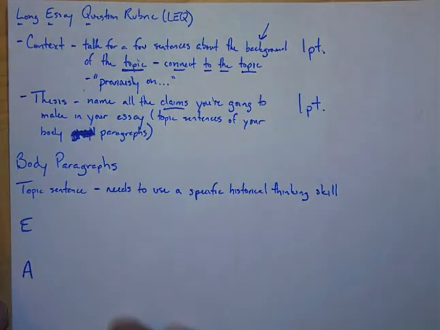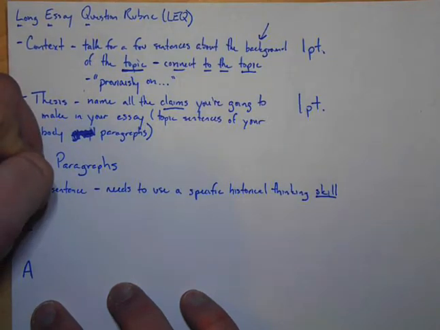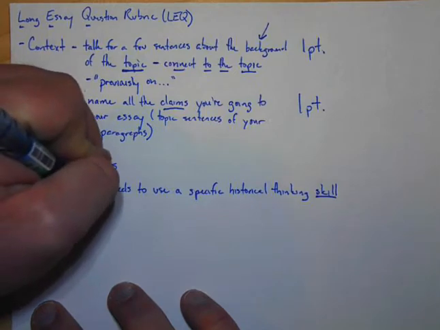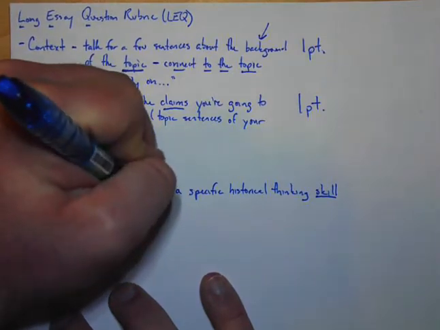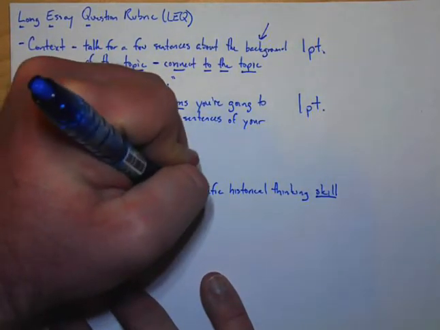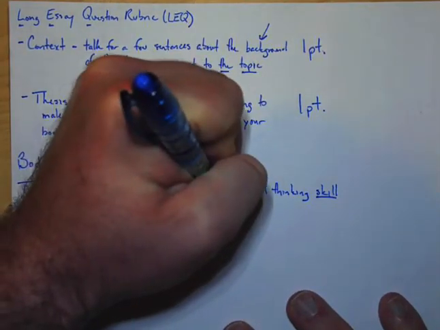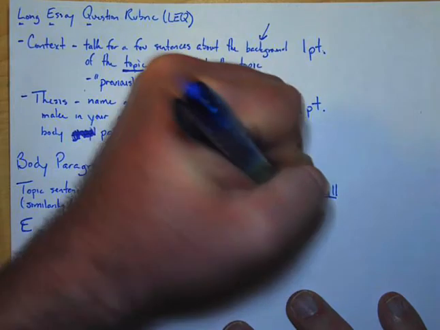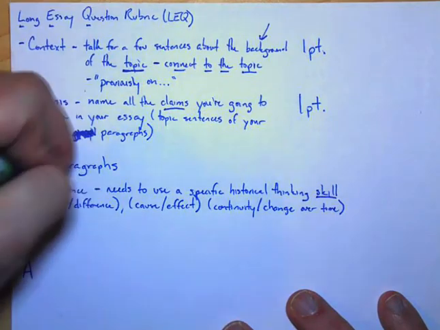So your topic sentence has to be framed along one of those skills. So it could be similarity or difference. It could be cause or effect, or it could be continuity or change over time.